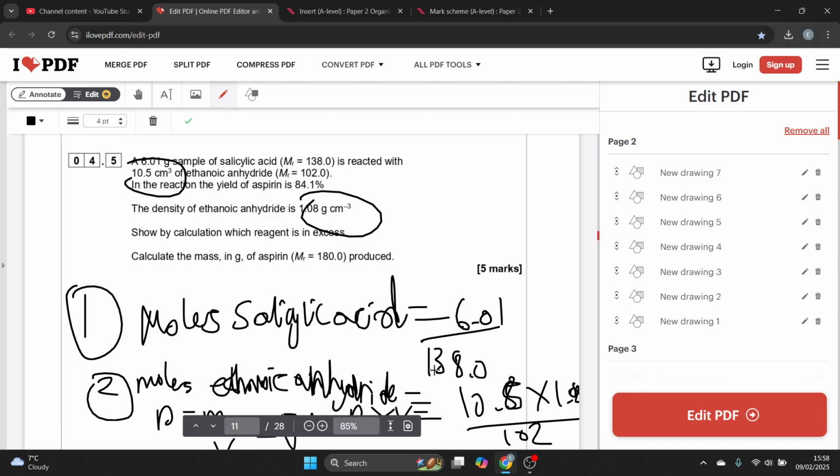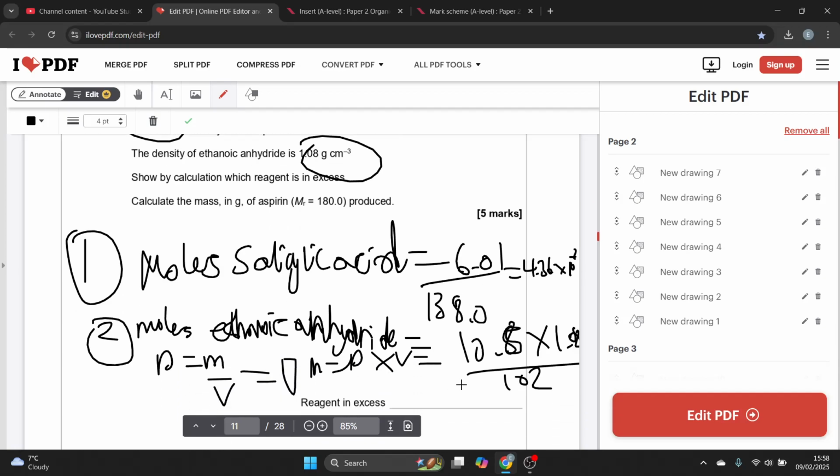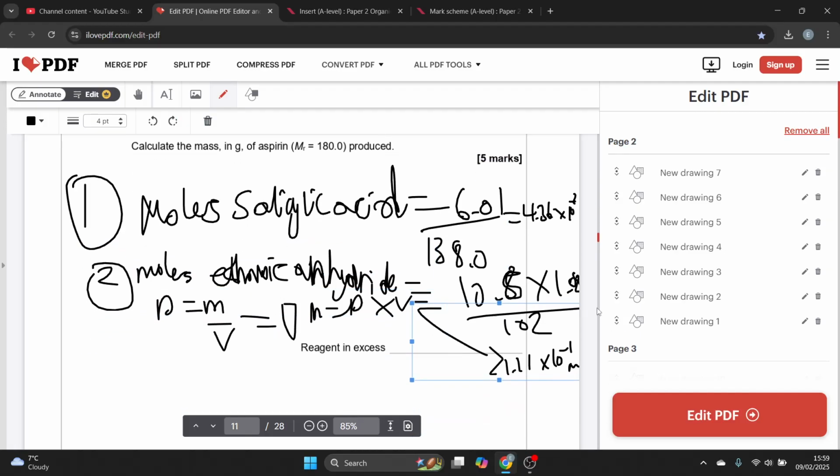Okay, so moles of salicylic acid, you get 4.36 times by 10 to the power minus 2. Then in this case, you get 1.11 times by 10 to the power minus 1. Which one is in excess? Well, it's clearly going to be the ethanoic anhydride, because that's a bigger value than this.